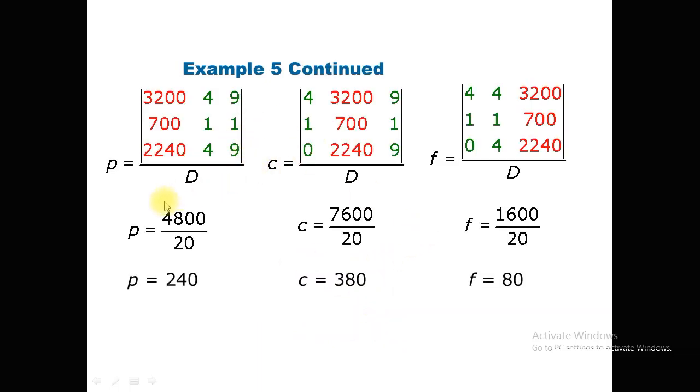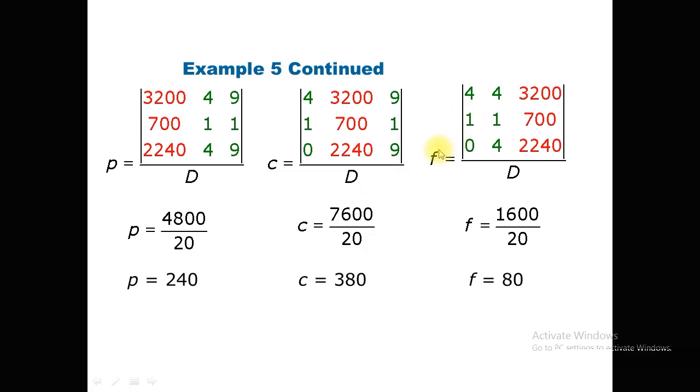Now to find the value of p, like the similar example, construct a new determinant dx and divide the value of dx by d. Similarly for c, construct the new determinant dy and divide the value of dy by d, and we obtain the value of c.